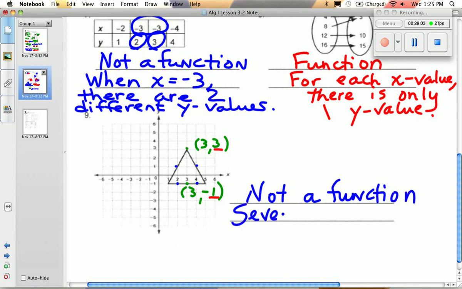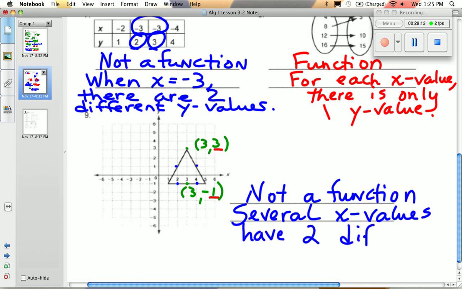Several x values, more than we can name, have two different y values. We could go on all day trying to find them. So that's not a function. Remember, when two points line up above or below each other, they share the same x value. It just became a relation that's not a function.